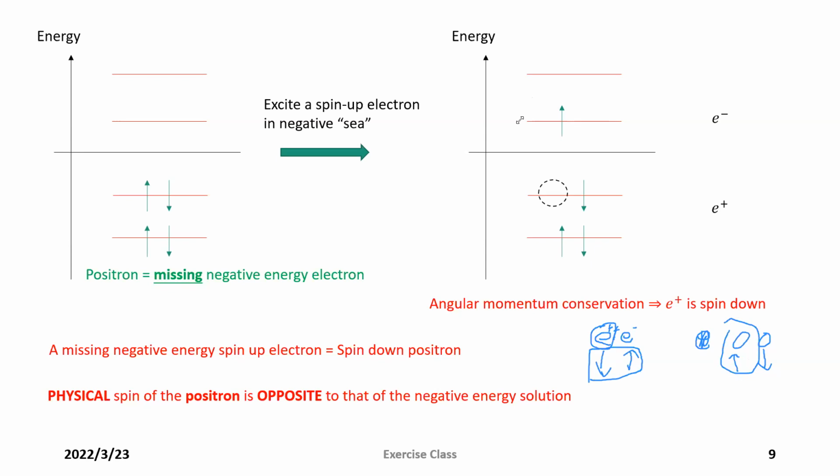And negative energy electron is not physical. So what we are interested is the physical spin of the positive energy positron. And the argument here is just saying that they are opposite to each other.